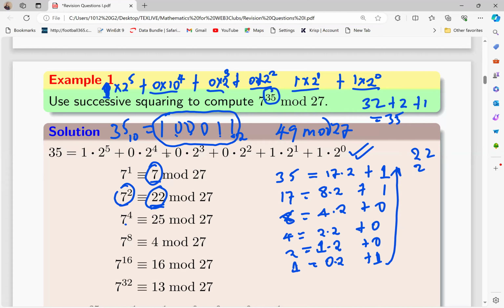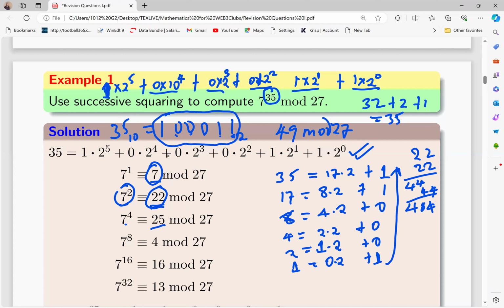What is 22 squared? This is 4, 4, and again 4, 4, which is 484. So how many times does 27 go there? What is the remainder? When you do the remainder, you'll find it to be 25. We just find out how many times 27 goes into 484. What is the remainder? The remainder is what we are writing here.